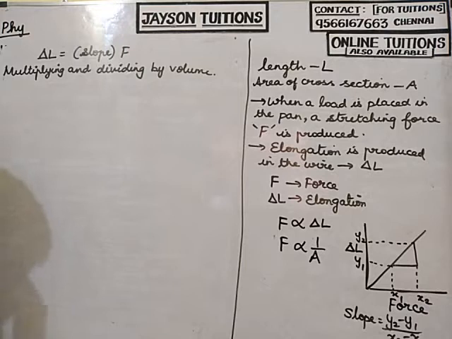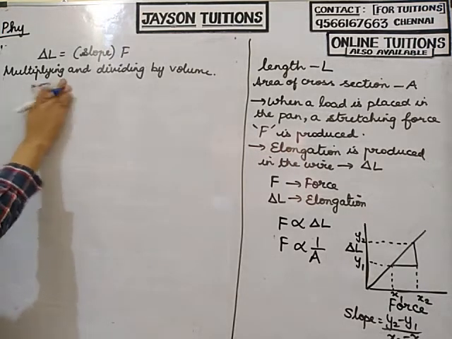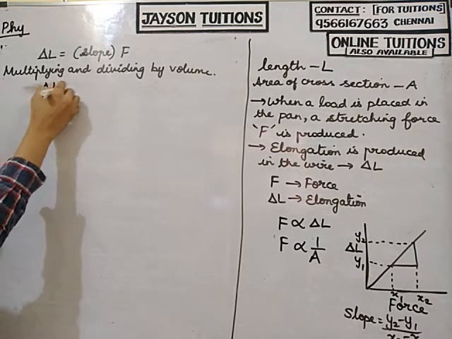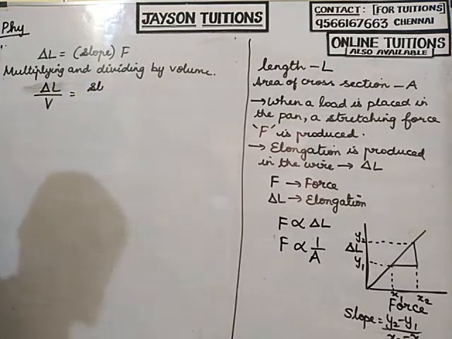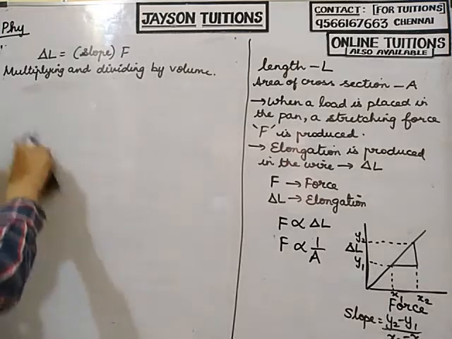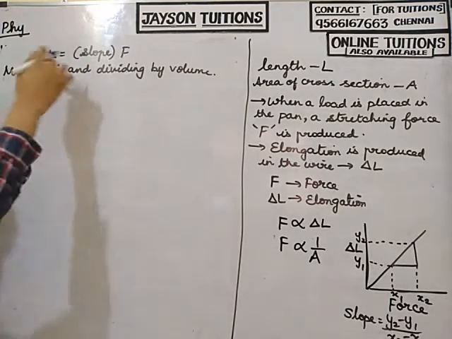So what will I get if I multiply and divide by volume? What is the formula for volume? Let me write. Delta L divided by V is equal to, on this side I am going to multiply and divide by volume.